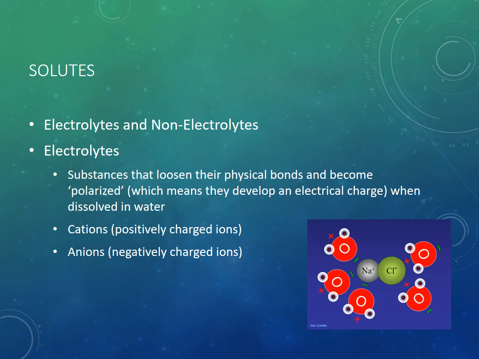Electrolytes are substances that loosen their physical bonds and become polarized, which basically means when they're tightly bound together, like in a grain of salt, the positive and the negative part of it are so close together that they truly neutralize one another.